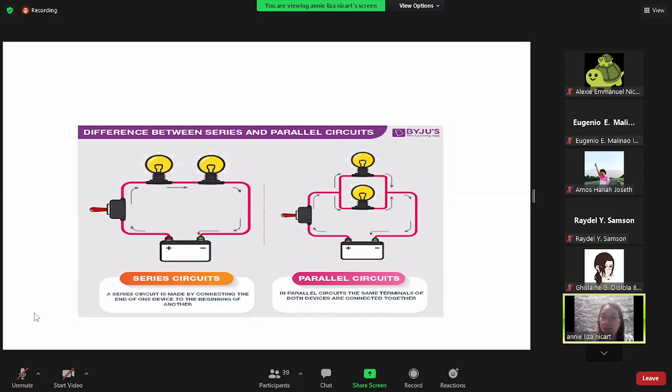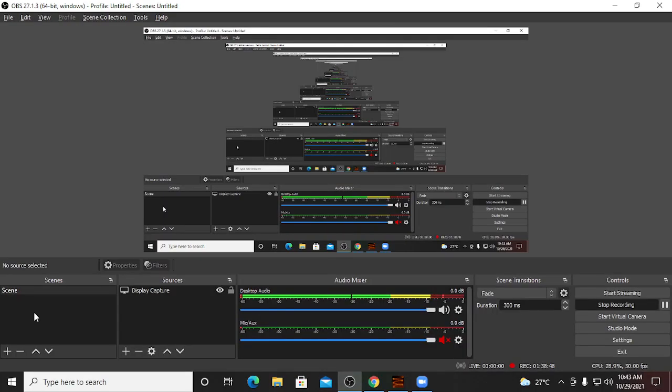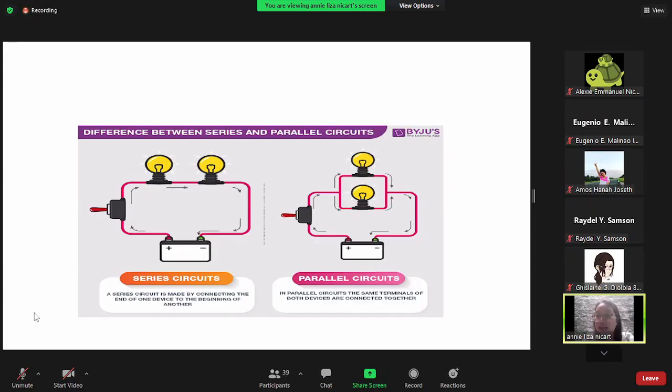Again, series provides a single path for electric current to flow in the circuit, while parallel provides more paths for electric current to flow. In terms of loads, in a series connection the loads depend on each other, while in parallel, the loads are independent of each other.